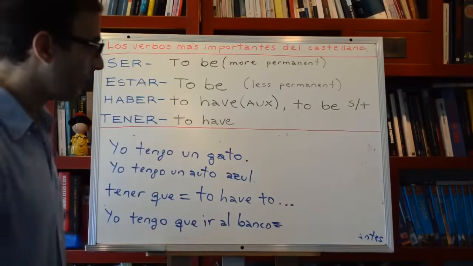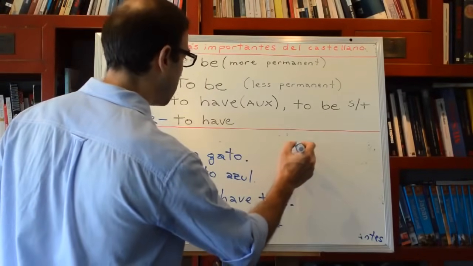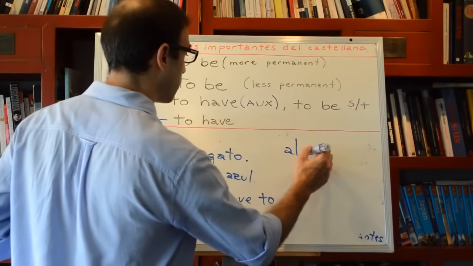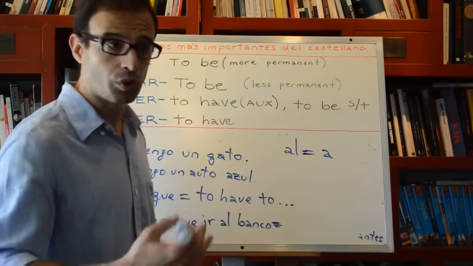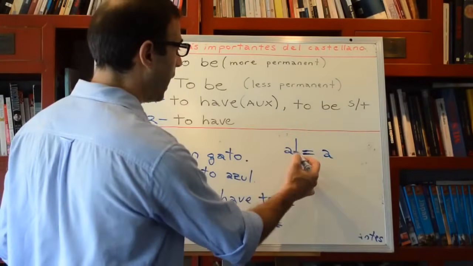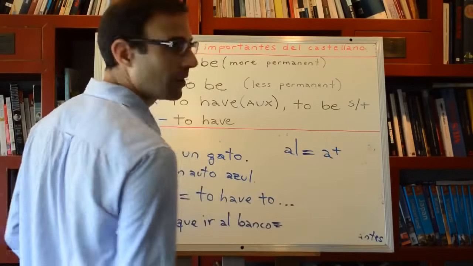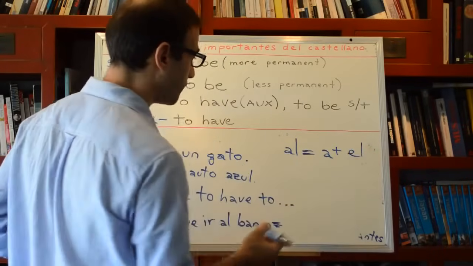The word al is a contraction of the preposition a, which means to, right? So al is the preposition a plus the article el, which means the.